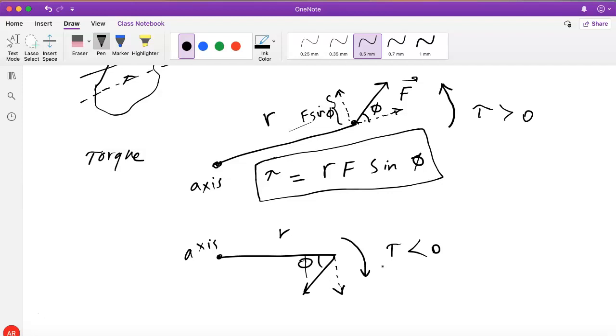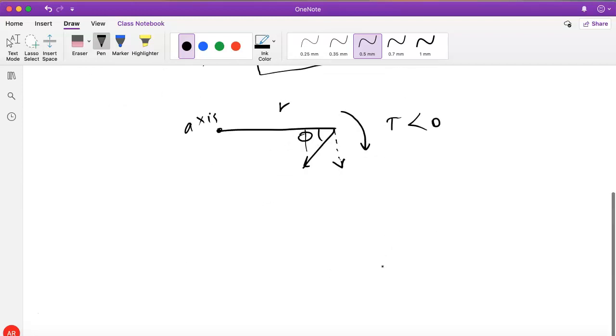Using this convention allows us to add different torques on an object and find the net torque. So let's say that's your axis, you have a force of some magnitude here, and then halfway you have a force twice that, so let's say that's 2F.